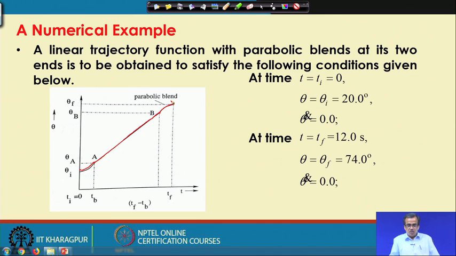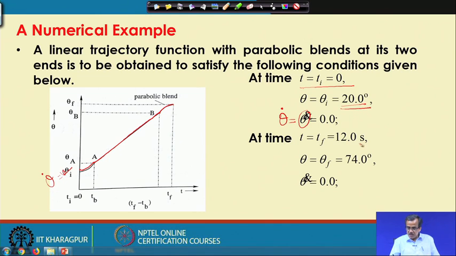Let us see the condition at time t equals T I equals 0. Theta equals theta I, that is 20 degree. Then theta dot is equal to 0.0, so here the angular velocity is equal to 0.